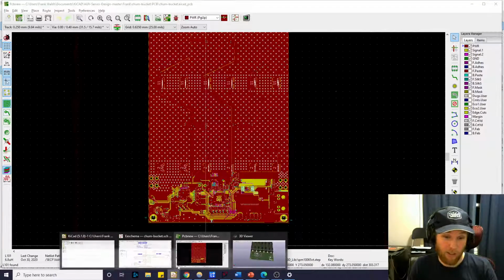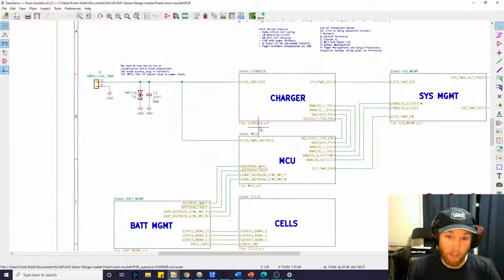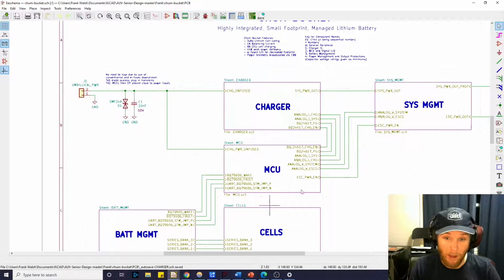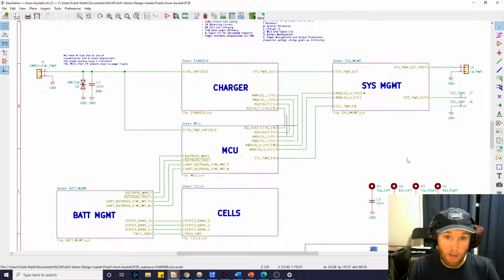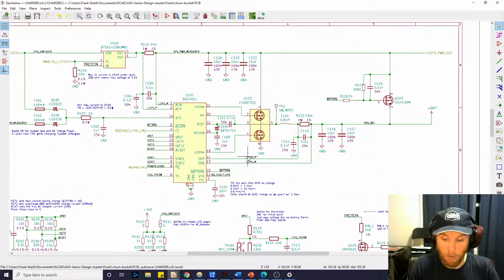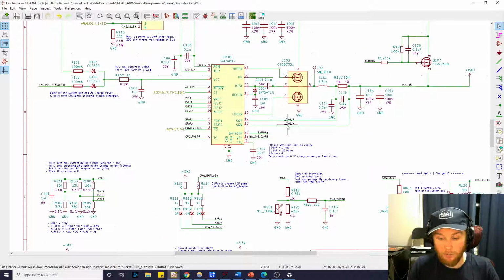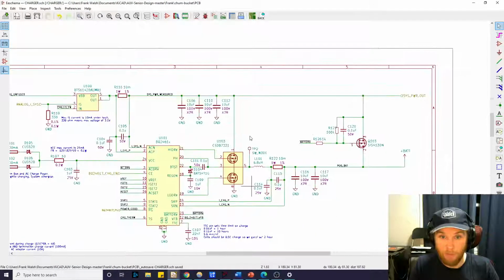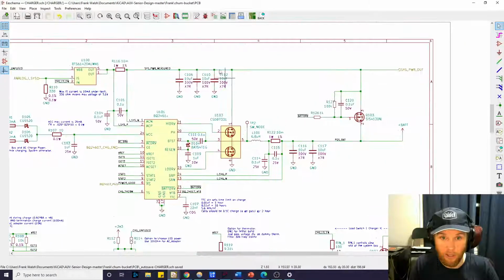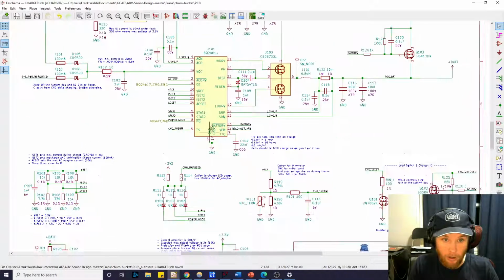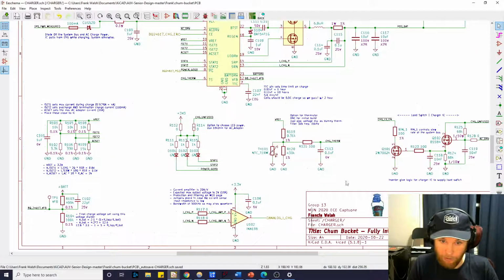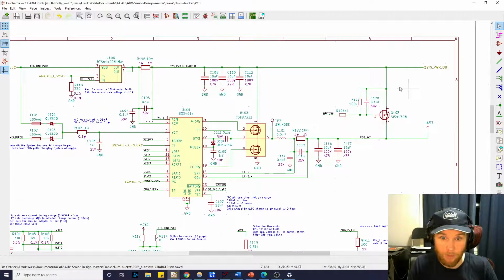I included that just as a little bonus. And as well, I included the schematics for the whole battery management system. But if you just want to see the charger, you can open up that page. And that's the schematic there for the charge controller, the buck converter, the bootstrap circuit, as well as all the control circuitry, feedback, instrumentation circuitry.